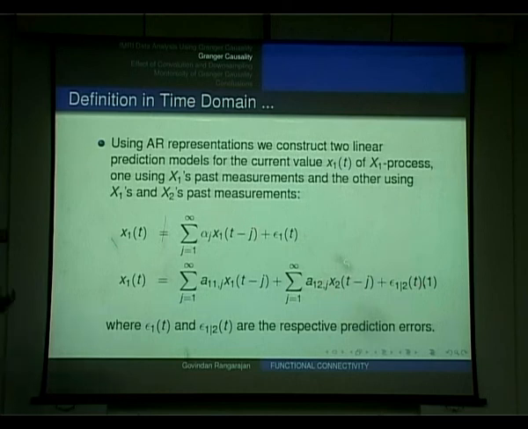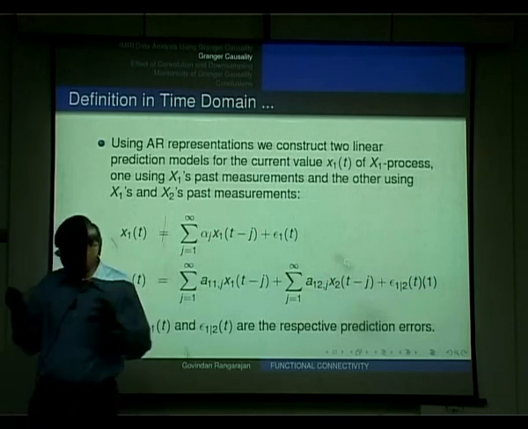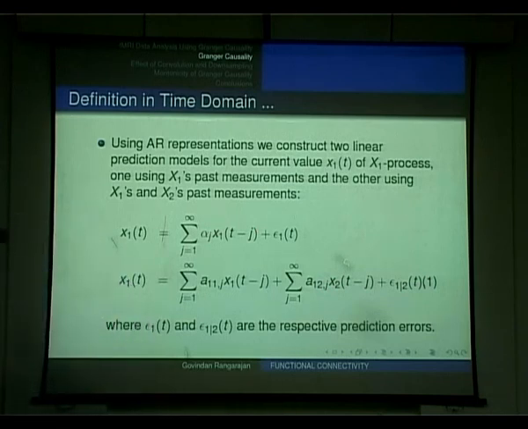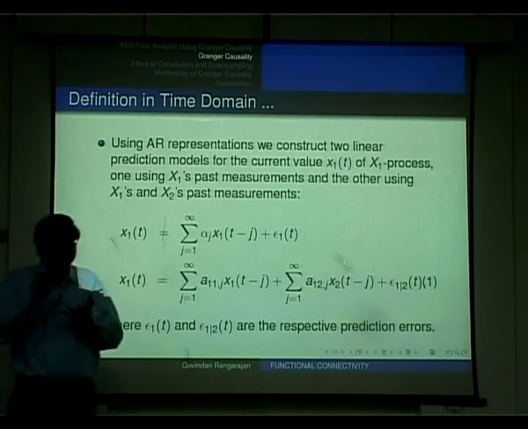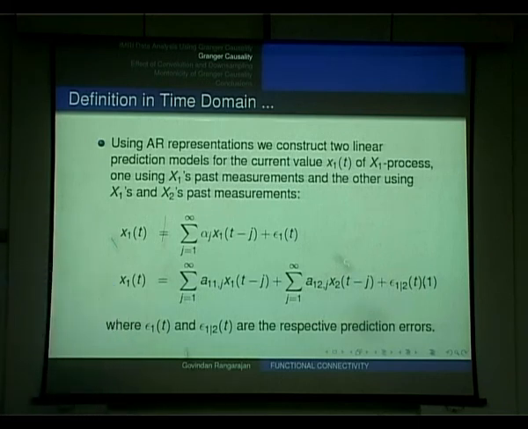So essentially, Granger causality, like many great ideas, is very simple as far as the concept is concerned. If the past of x2 helps me in predicting better the current value of x1, I will say that x2 has a causal effect on x1.